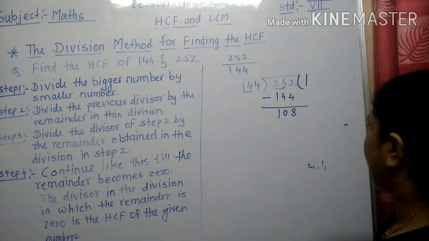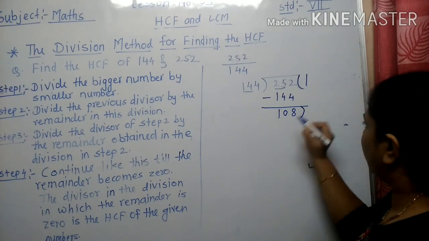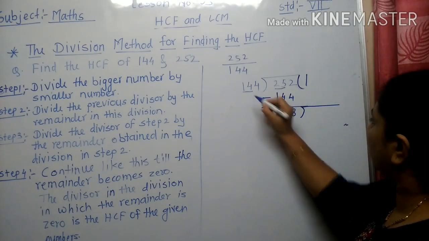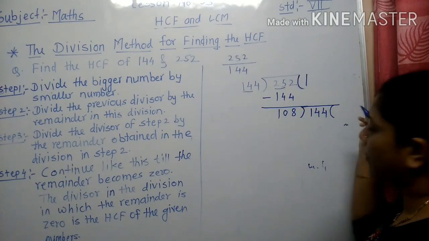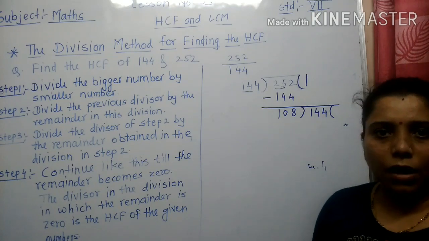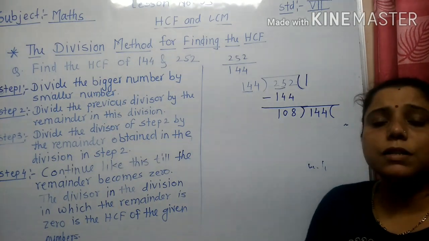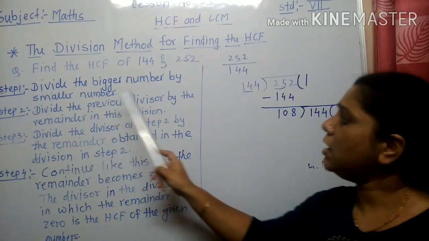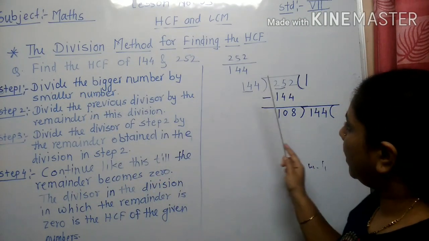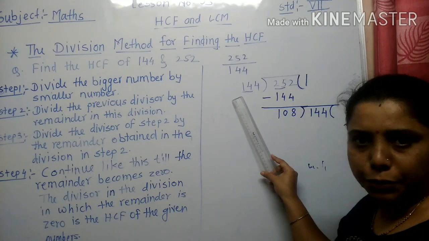Now see how I am writing. Just put a round bracket over here and here will be 144. Again I am putting a round bracket over here. Getting my point? Understood the second step again. They told you to divide the previous divisor. The previous divisor is 144.